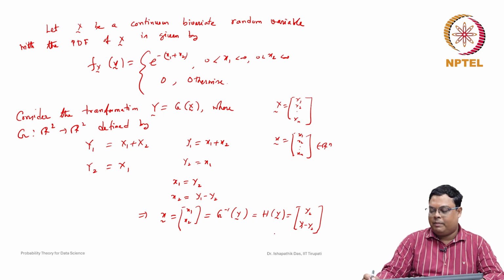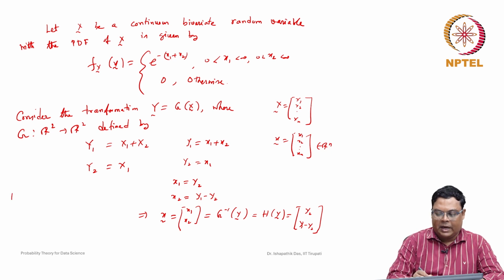Now we find the Jacobian for this transformation. The next question is: find the probability density function of (y1, y2), and also find the marginal probability density function of y1.